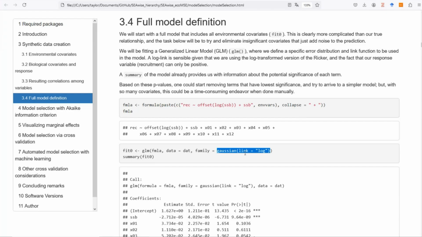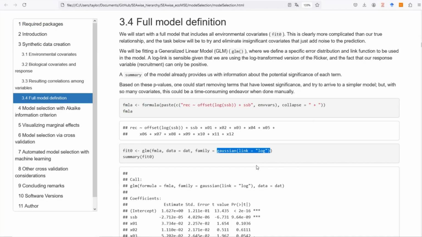So the underlying assumption, and Molly, you correct me if I say anything stupid statistically, is that the error distribution in log space is more normal than in the original untransformed space. And this will also limit the model from predicting any negative recruitment values as well.